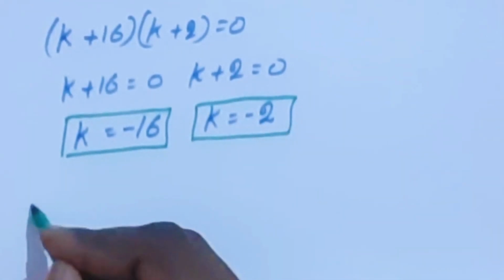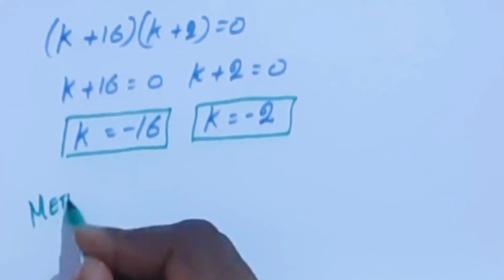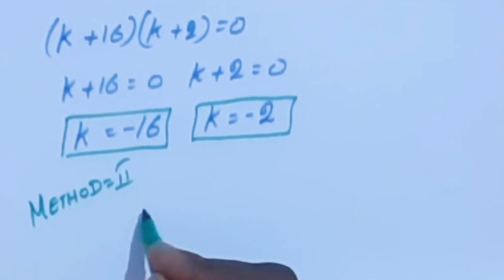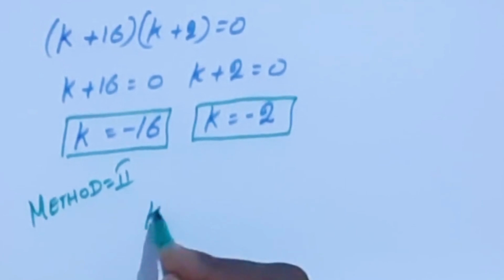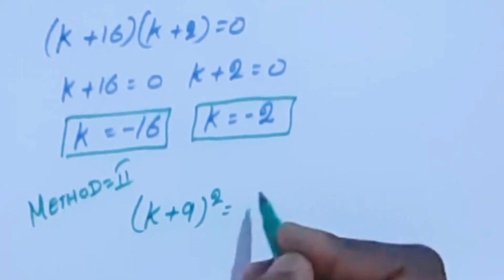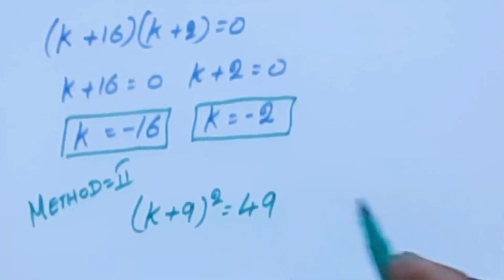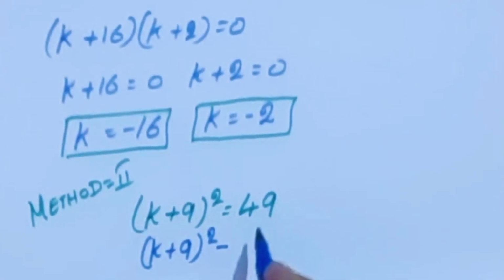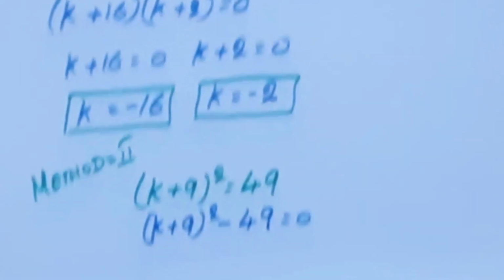Now we are going to try another method, method 2. Here the equation is (k + 9)^2 equal to 49. Moving this 49 to the left hand side, (k + 9)^2 - 49 equal to 0.